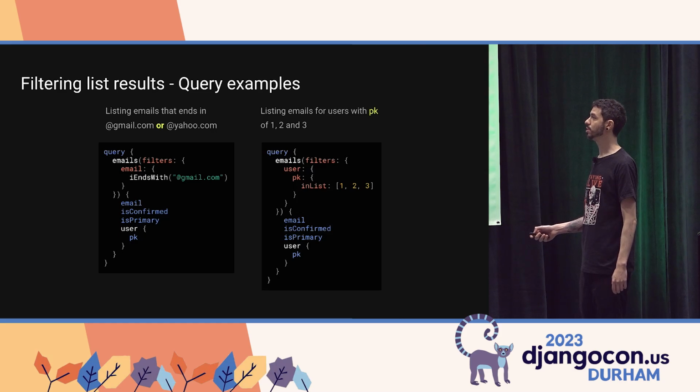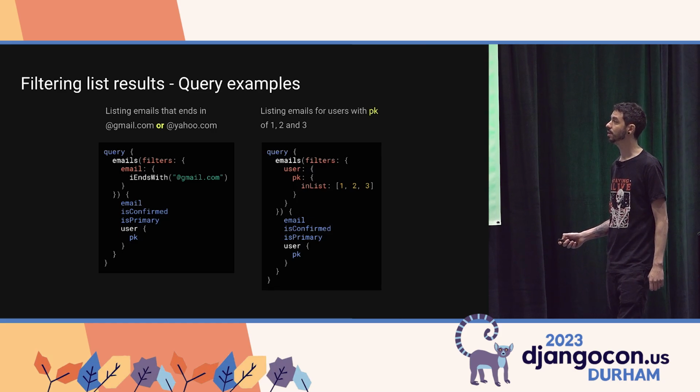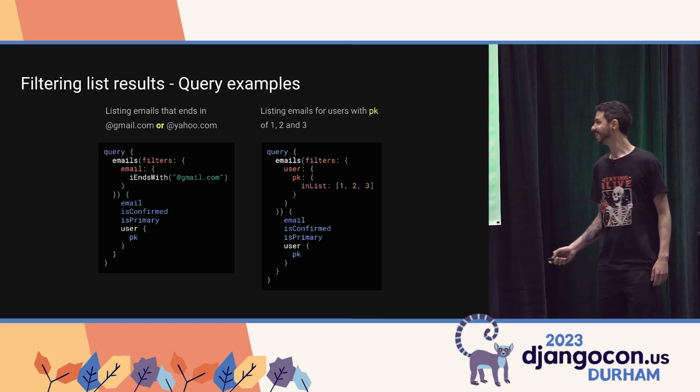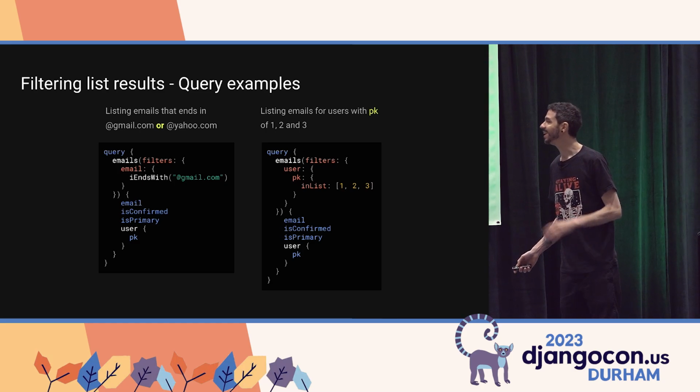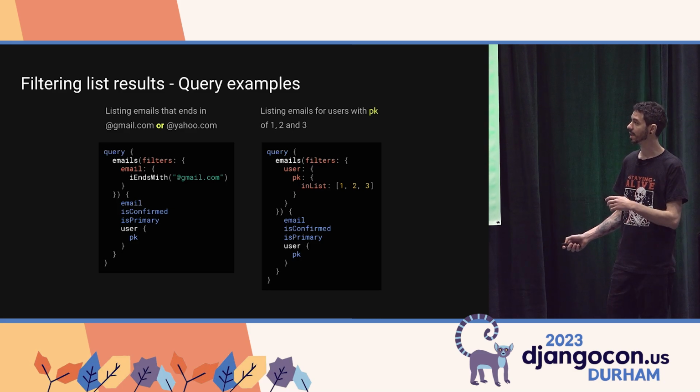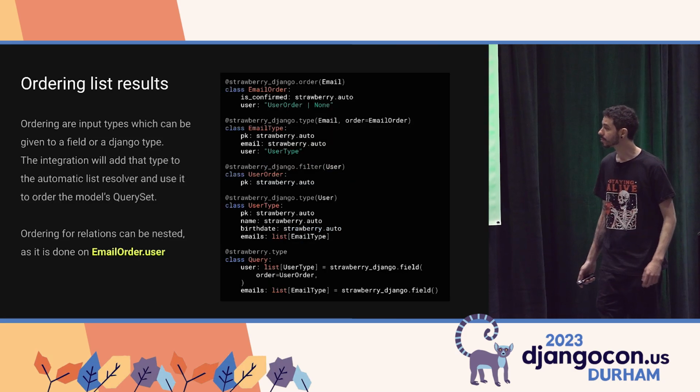And the same, I want to list all emails for the users with the primary key 1, 2, and 3. And I can just pass, as I mentioned, the nested filtering. I can pass the user where the PK is in list, is in 1, 2, or 3.